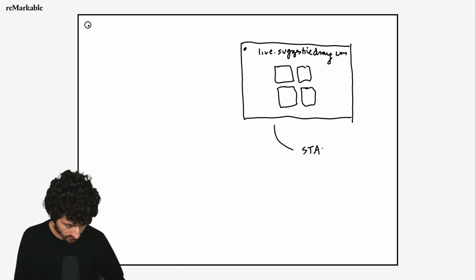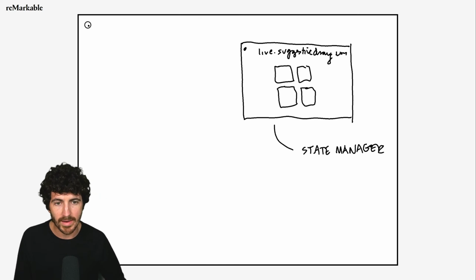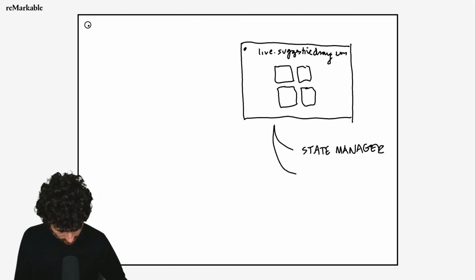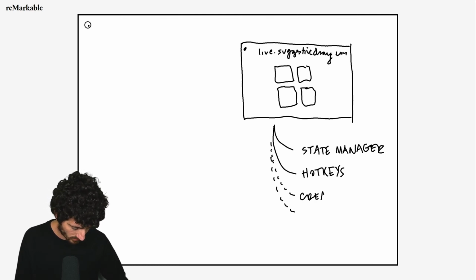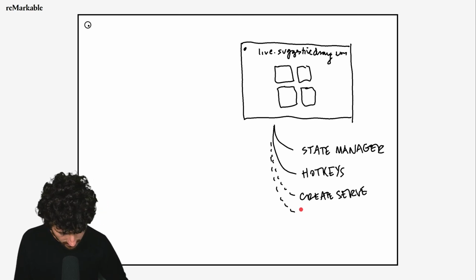And we have this concept of state. So we have a state manager, and we have also hotkeys and things that are not really on the user interface but on the back end. We have create, serve, and esbuild.